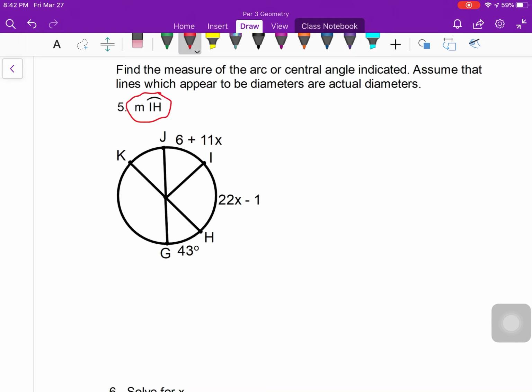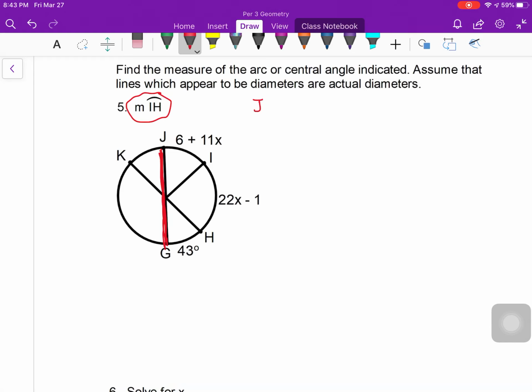Well, in this problem, we're asked to solve for the measure of minor arc I to H. The problem is they didn't give us enough information. However, we can determine what x is, and once we have x, we can substitute it back in. I can see that I have a diameter right here.